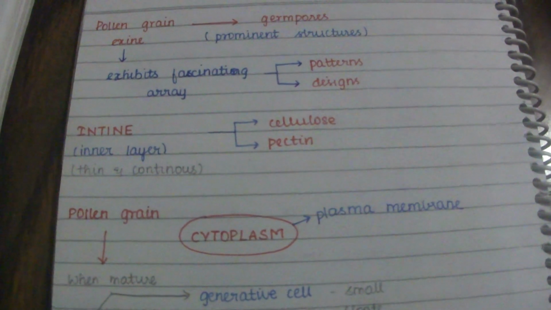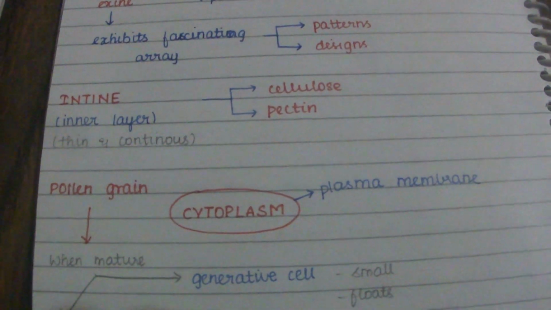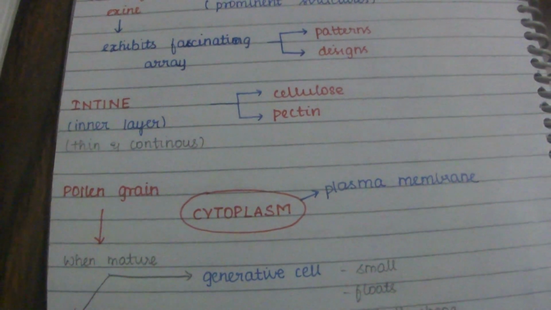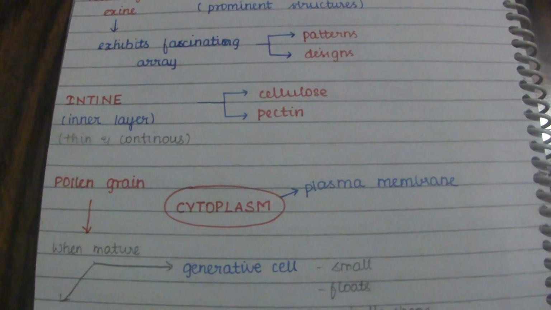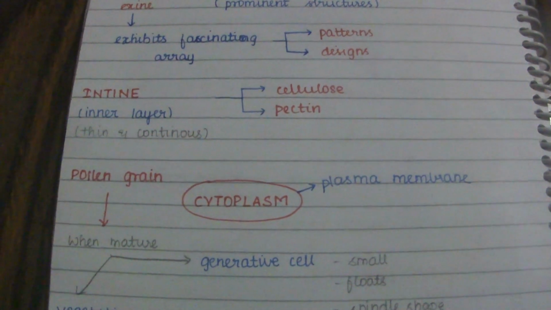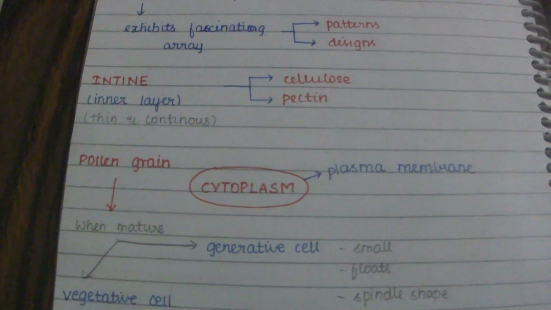The innermost layer is a thin and continuous layer called intine. The outer layer is called exine, while the inner layer is called intine, and it is made up of cellulose and pectin.